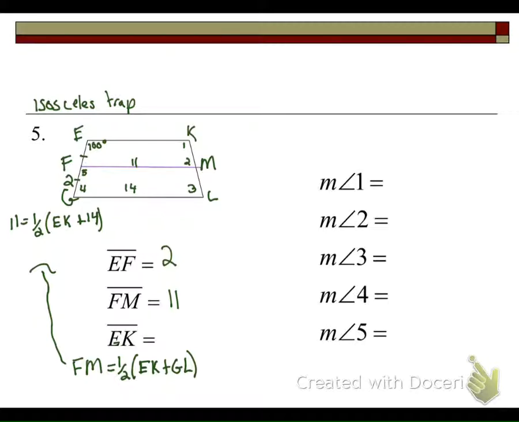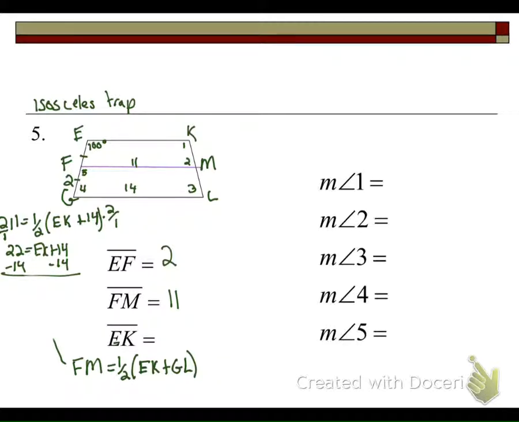Over the 1/2, so we see that we're going to do 2 over 1 times 2 over 1. That's multiplying by that reciprocal, which is the same thing as dividing by 1/2, which gives me 22 equals EK plus 14. We got to get our like terms together. How do I get the 14 to the other side? You subtract.